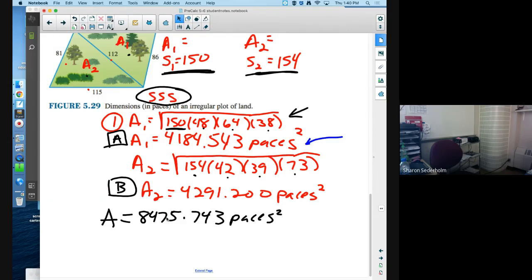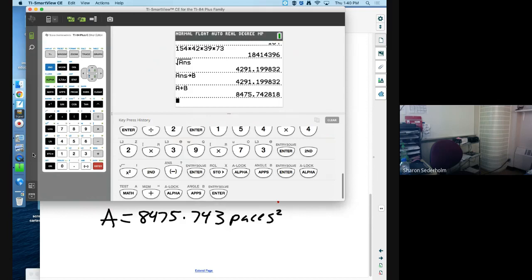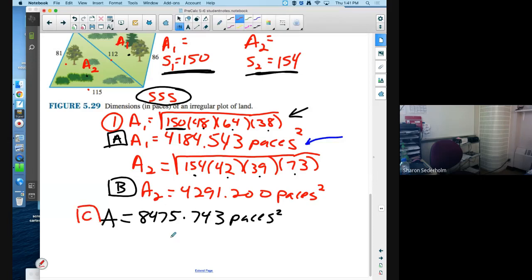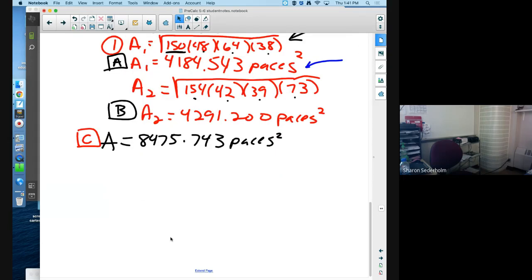And yes, I'm going to need that, so let me store that as C. And again, write that down so we don't forget where it is. So there's number one: use Heron's formula to find the area in square paces. Number two says, let's convert that area to square feet using the measure of Jim's pace.